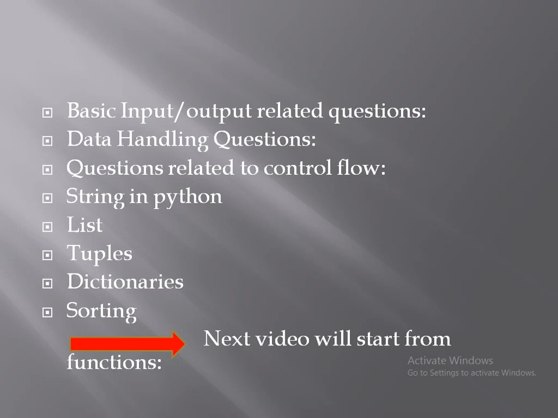Next topic is revision tour, basic input and output related questions. So first one is basic input and output related questions. In this topic you will study how you will get the input from the user, and how you can show the output on the screen, or on the Python command prompt.